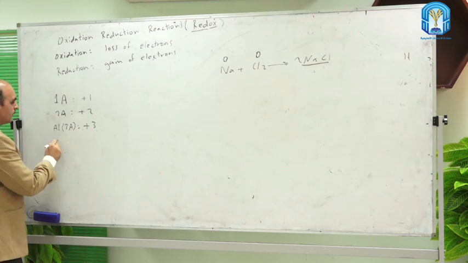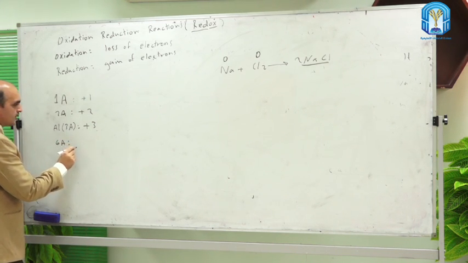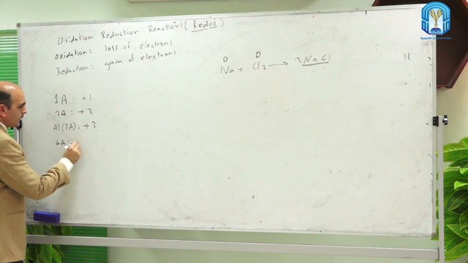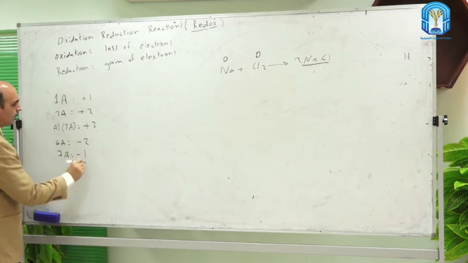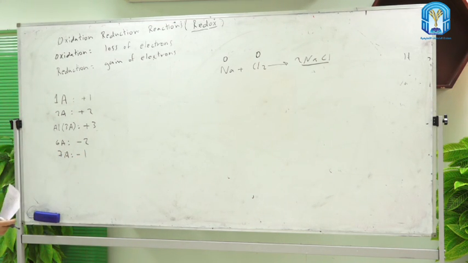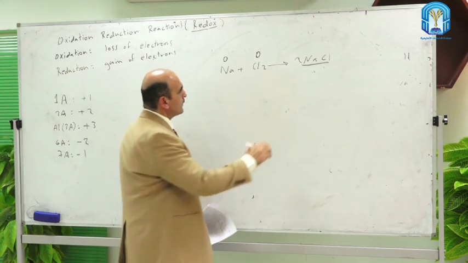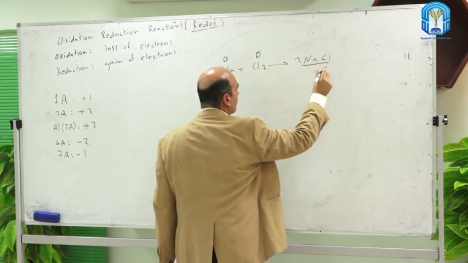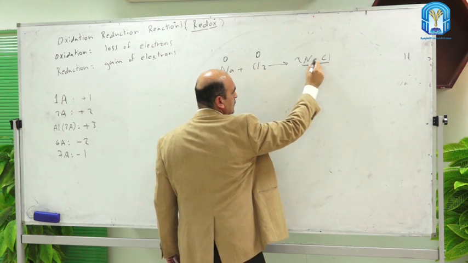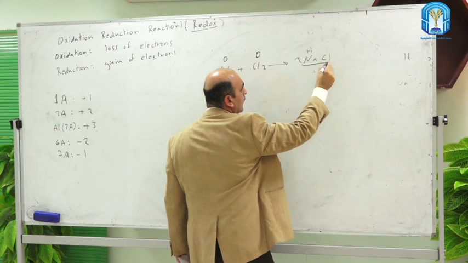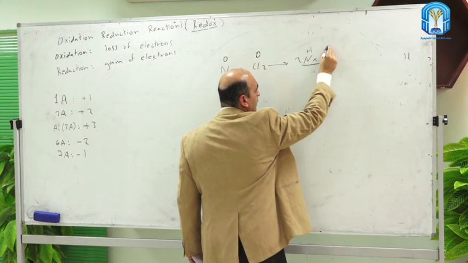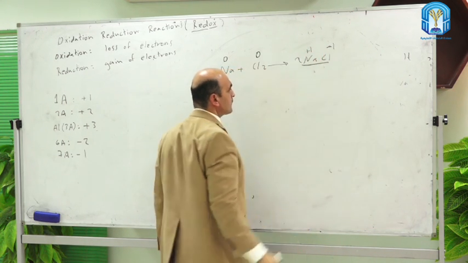Generally, the oxidation state of group 6A is negative 2, and 7A is negative 1. So here the total charge of sodium chloride is 0, and sodium is positive 1, and the chlorine atom is negative 1, so the total is 0.